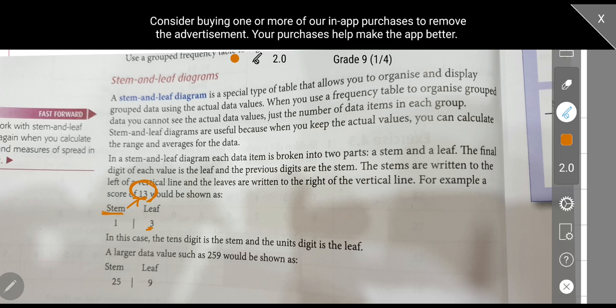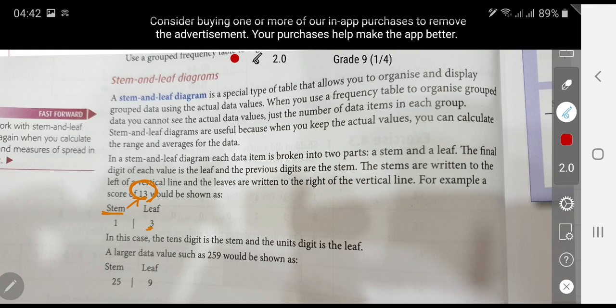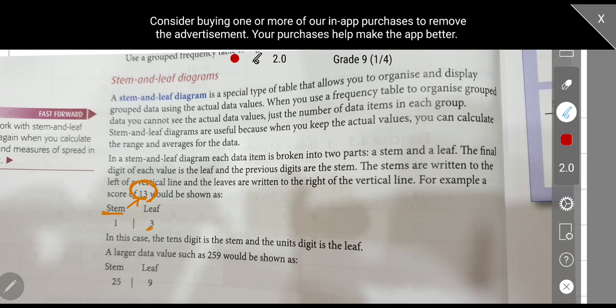So 13, I'll divide into two parts, 1 and 3. 1 is the stem and 3 is the leaf. In this case, the tens digit is the stem and the units digit is the leaf. If we have larger values, like 259, we break it into two parts. The last digit, which is 9, is the leaf, and 25 is the stem.